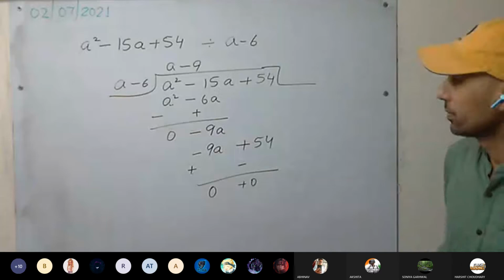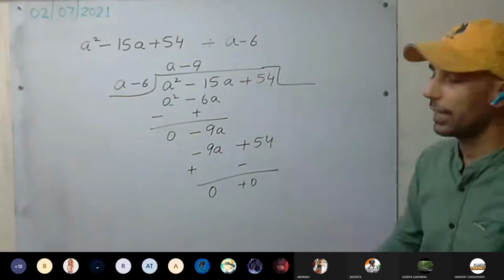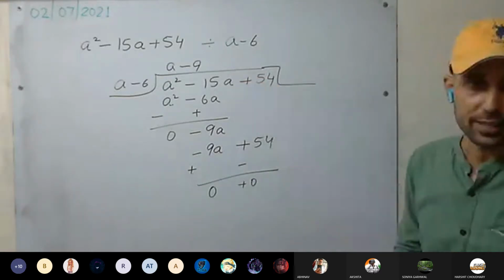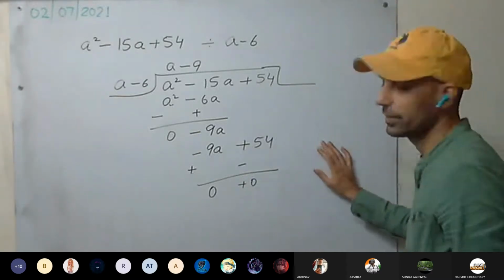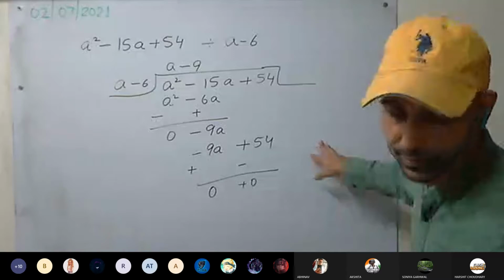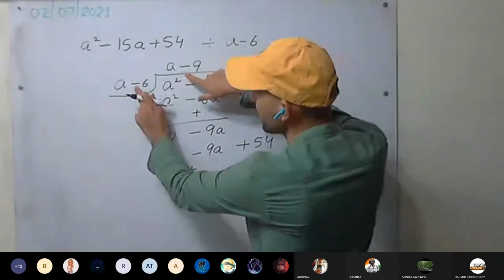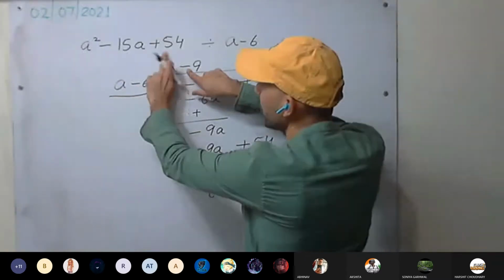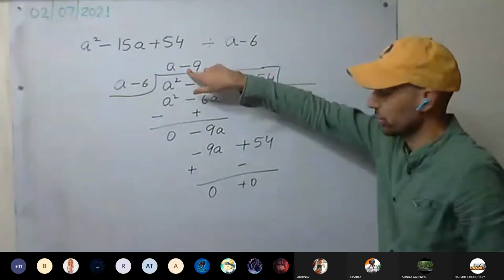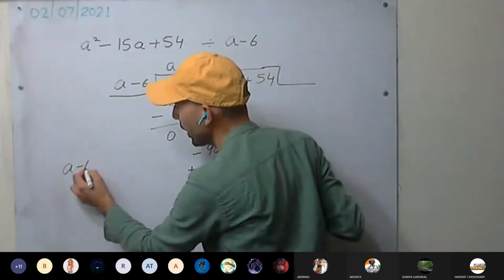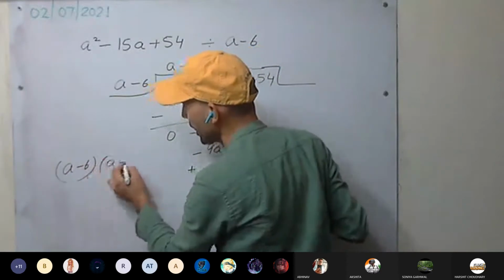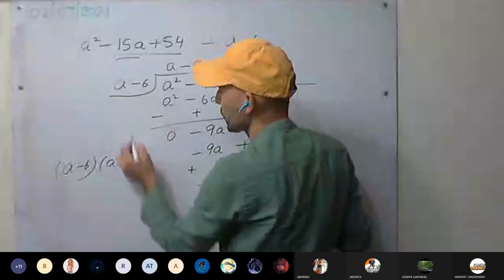It's 0. So what is the quotient? A minus 9. And how to verify it? If you multiply divisor and quotient, we will get the dividend, yes or no? Since the remainder is 0, if we multiply a minus 6 and a minus 9, we must get this one.